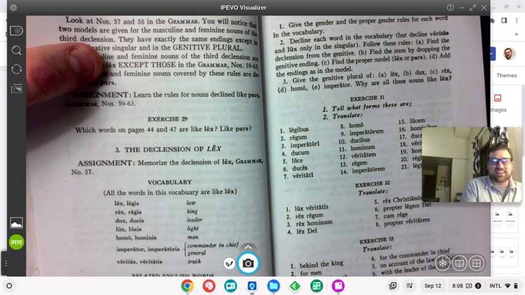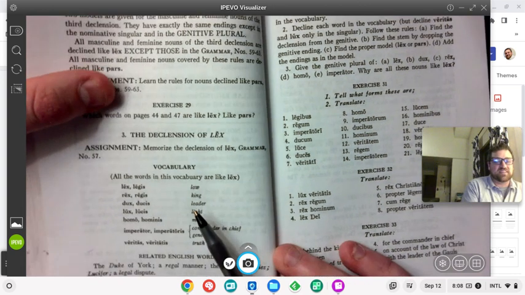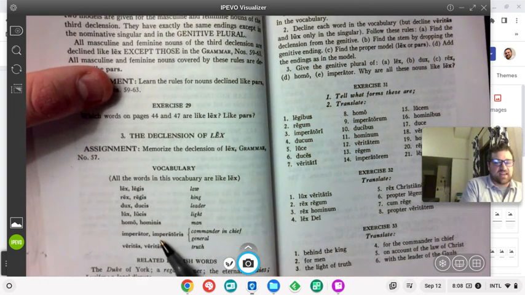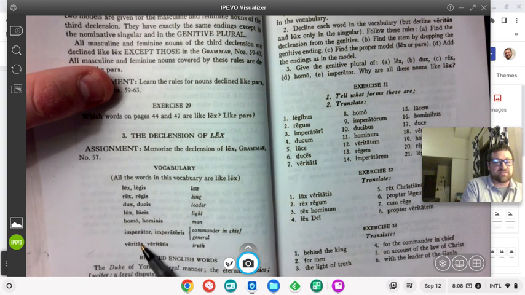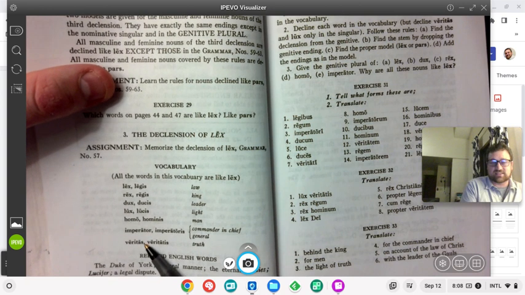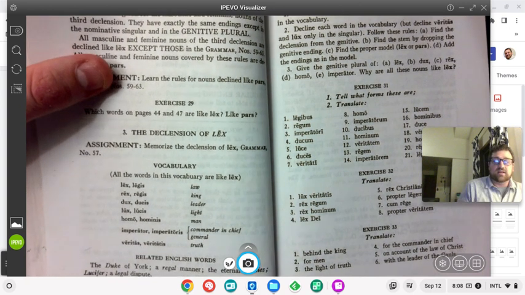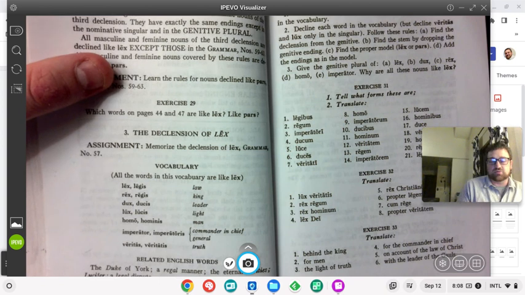It's still masculine. So that's that. Imperator, imperatoris refers to a man. Veritas, veritatis. The nominative there ends in S. It would be feminine, and that is what it is. It's a feminine word. So that's how these rules work.